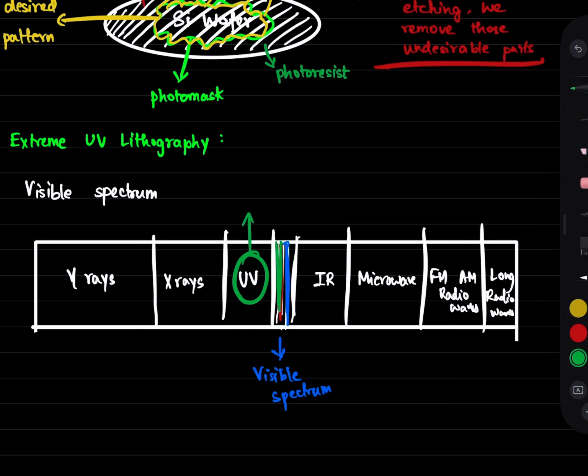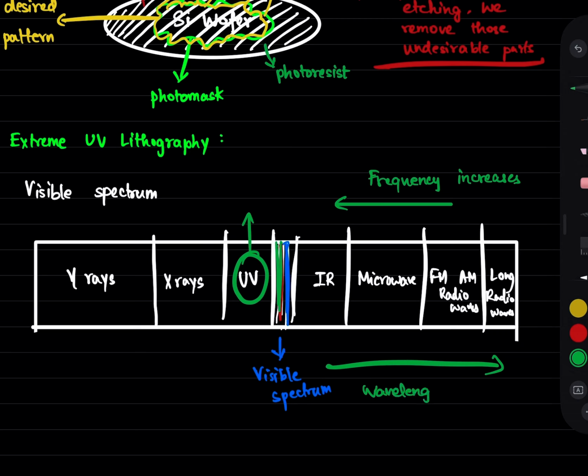So in the spectrum, as we go like this, the frequency increases, and as we go like this, wavelength increases.